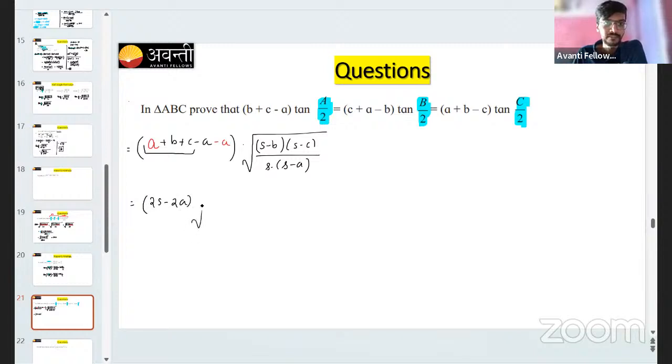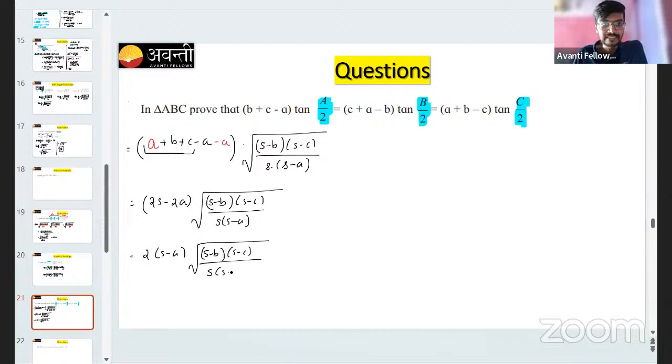And here it will remain the same, under root of S minus B into S minus C upon S into S minus A. I can take 2 common here. So I'll get 2, S minus A, into under root of S minus B, S minus C upon S into S minus A.